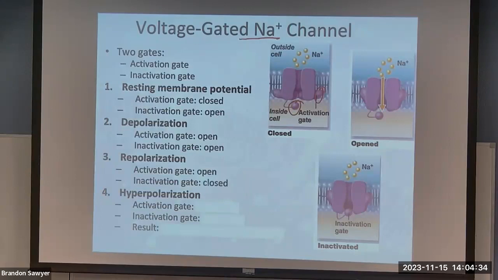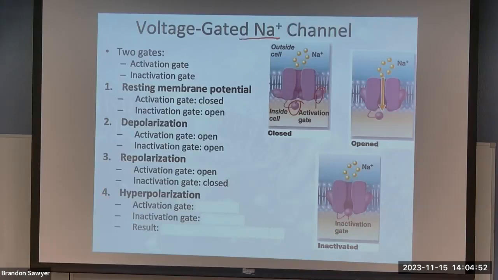The inactivation gate. It pretty much all happens at the same time. When we hit depolarization, the activation gate opens up quick, and the inactivation gate is slowly closing. In a matter of a millisecond or two, all the sodium rushes in, but then the inactivation gate plugs it up right then.